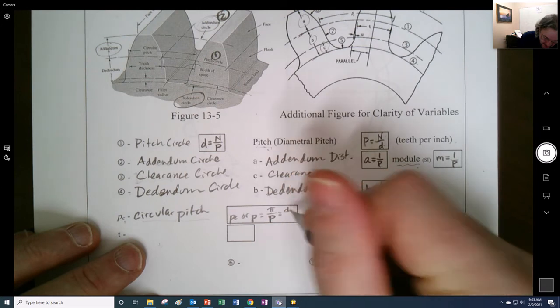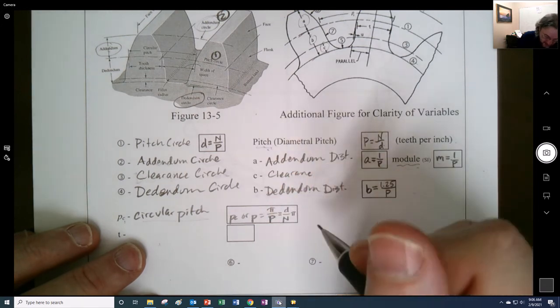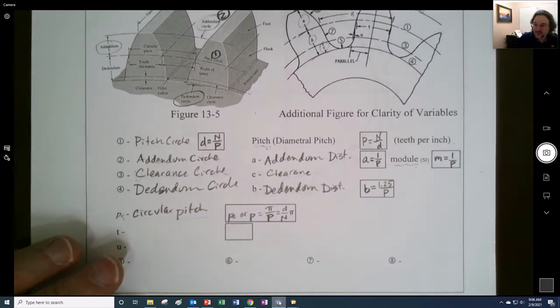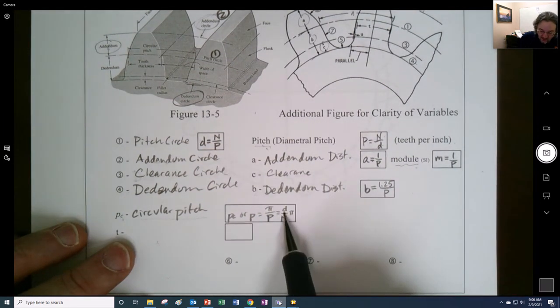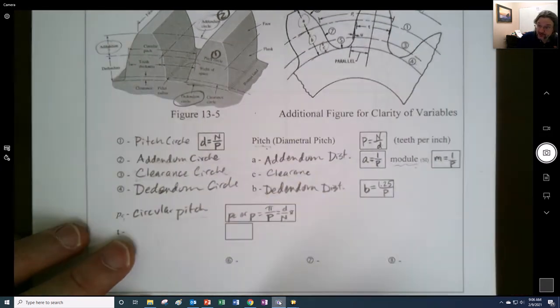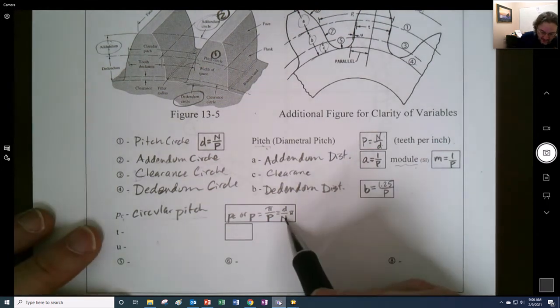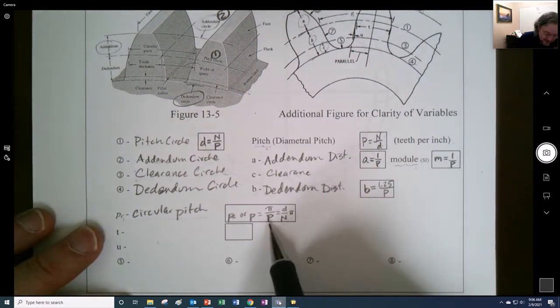You could take the pitch circle, divide it by the number of teeth, and multiply it by pi. Notice that's the circumference right there, d pi divided by the number of teeth, right? So you just take the distance right there and divide it by the number right there. And this is an arc length too, right? Make sure you're careful with that.